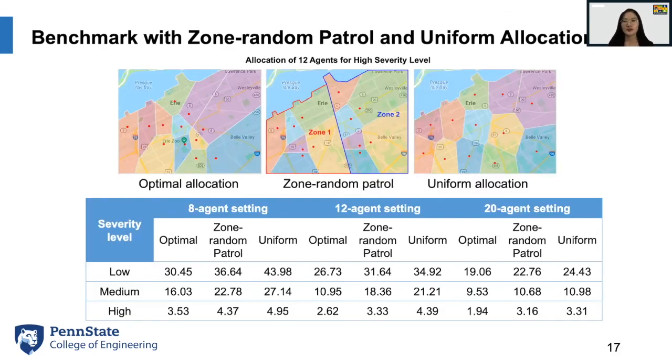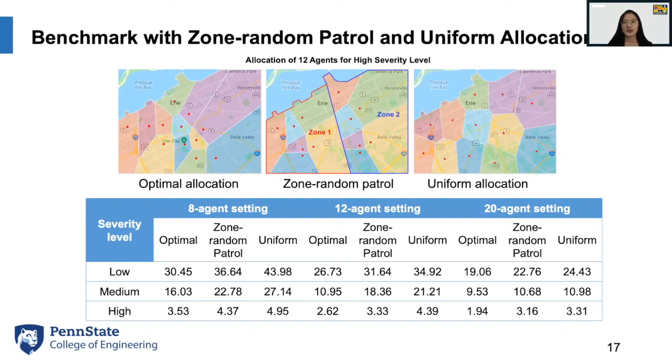The performance of optimal resource allocation is benchmarked with zone random patrol and uniform allocation. Zone random patrol is very common in existing patrols. In zone random patrol, Erie is divided into 2 zones, and half of agents are randomly allocated in each zone. In uniform allocation, all agents are uniformly allocated in the whole area.